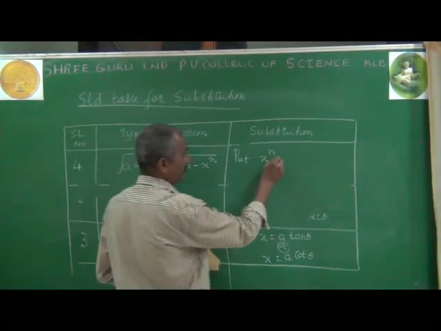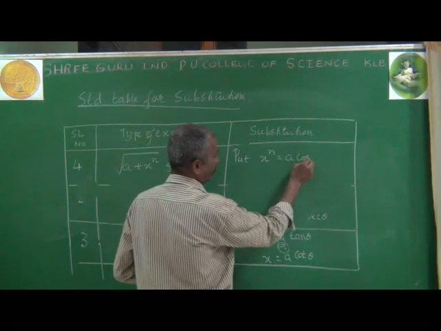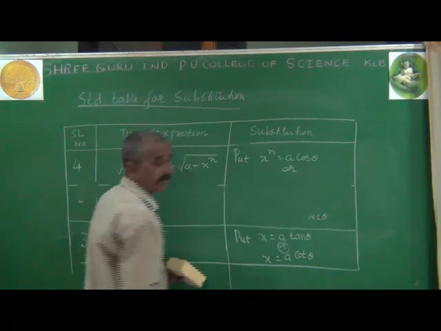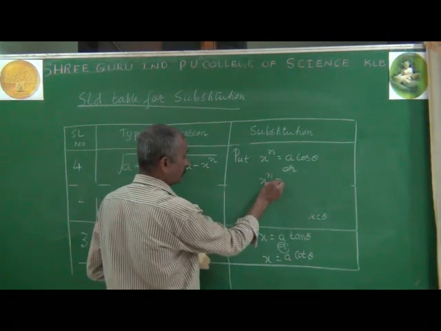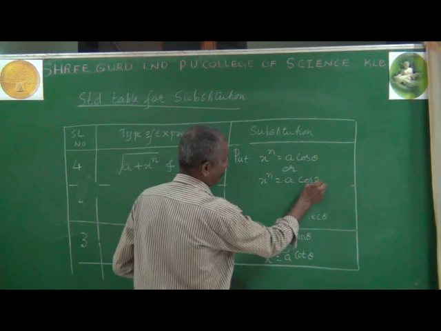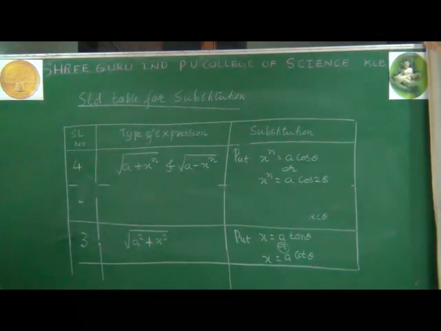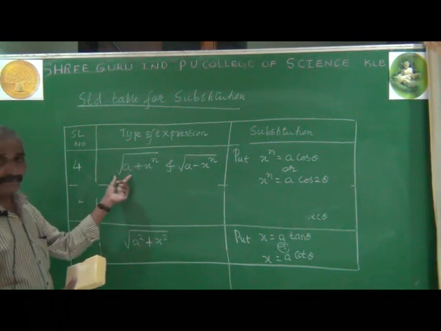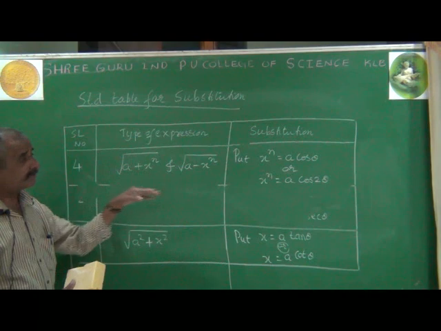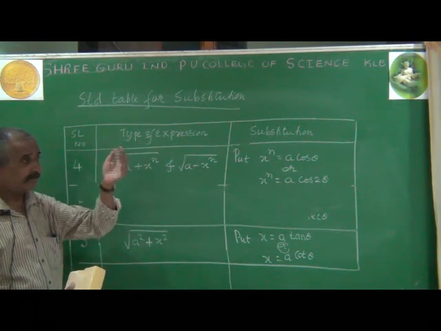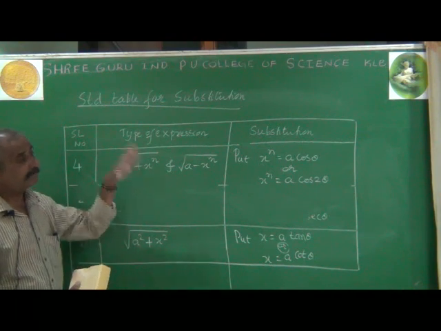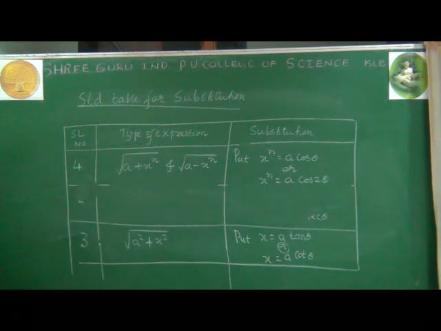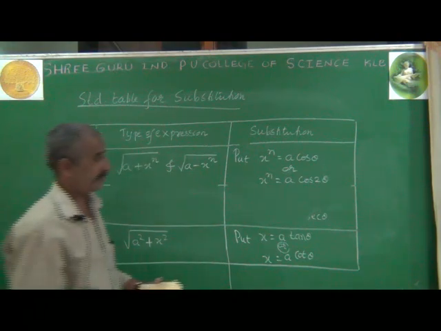Put x power n equal to a cos theta, or you can even take x power n equal to a cos 2 theta, nothing wrong in that. The idea is that when you take a cos theta, a is common, 1 plus cos theta is 2 cos square theta by 2, 1 minus cos theta is 2 sin square theta by 2, and square and square root will get cancelled. Behind this substitution, there is only one aim, to remove this square root.